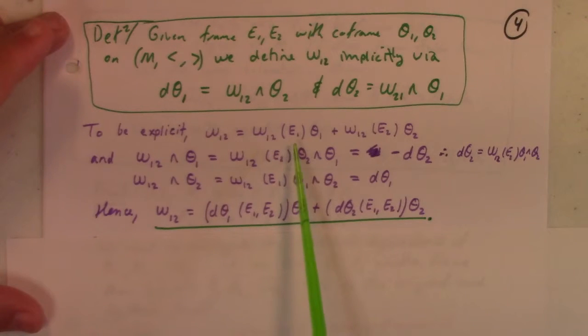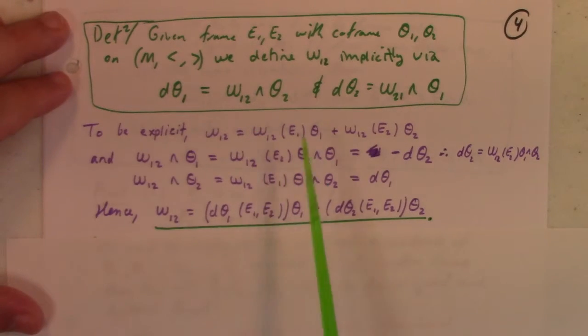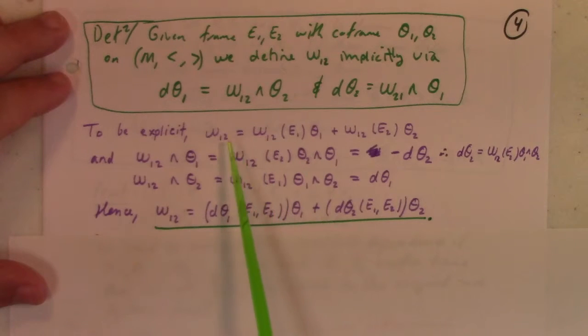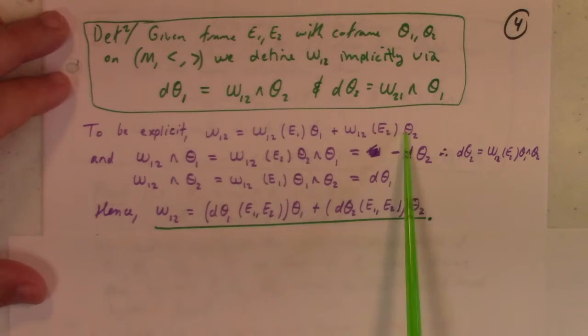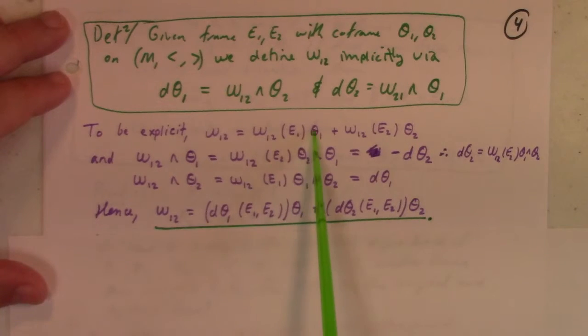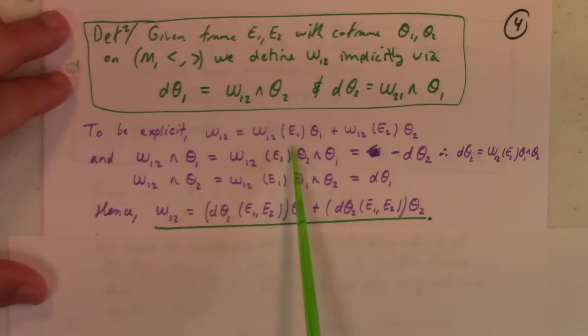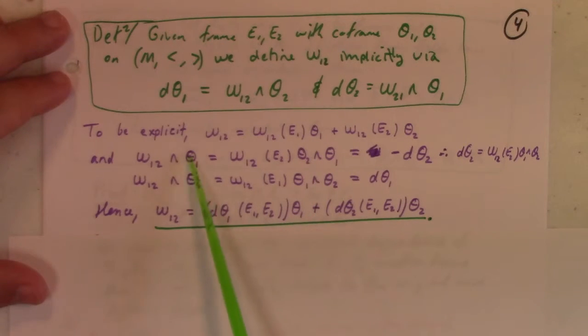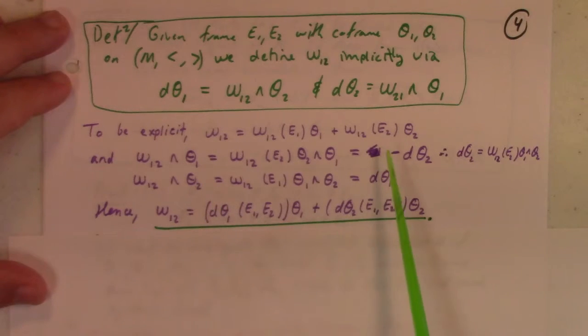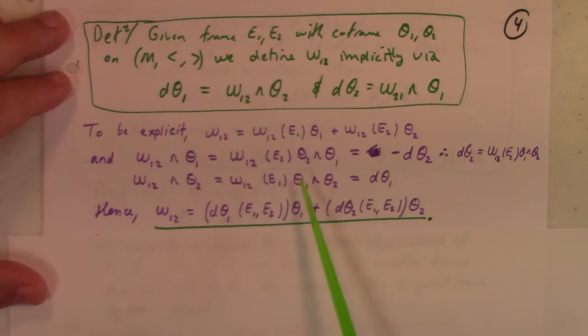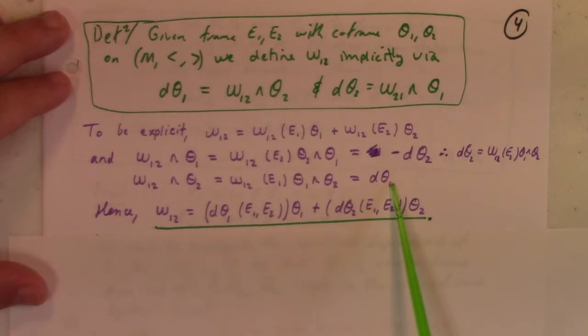All right. So to be explicit, the 1, 2 form, and I think this is almost the same calculation we went through before, but omega 1, 2 has this coframe expansion. When you take the wedge product of this with theta 1 and this with theta 2, the theta 1 and the theta 2 terms respectively collapse because theta 1 wedge theta 1 and theta 2 wedge theta 2 is 0, and it just leaves me with this is equal to minus d theta 2 and that's equal to d theta 1, which then says that omega 1, 2 is given by: the theta 1 coefficient is the exterior derivative of theta 1 acting on E1, E2.